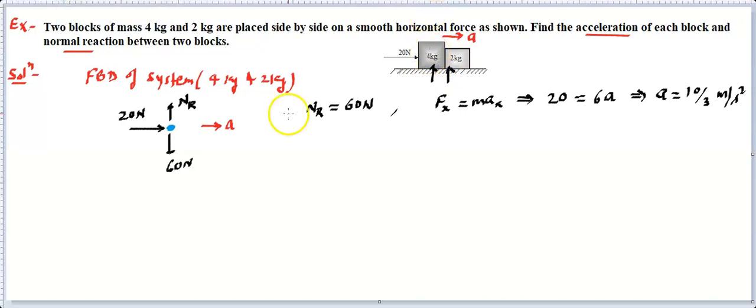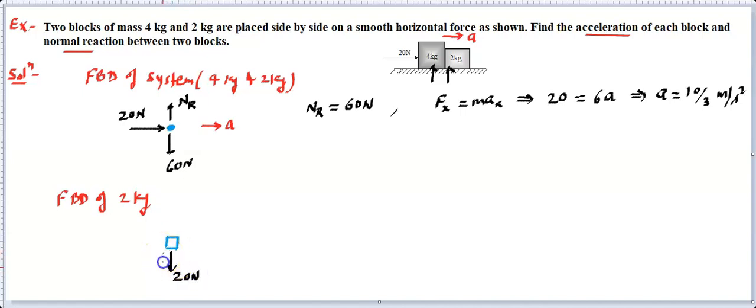So the next point would be drawing another FBD. Let's say you are drawing the free body diagram of either of the two. Let's say I'm drawing it now for the 2 kg block. Let me show it like a block, or as a point, whatever you want. In this 2 kg block, you'll find its gravity force downside, 2 into g, that is 20 Newton.